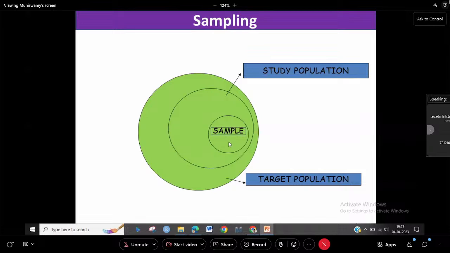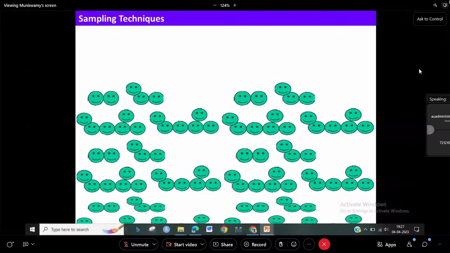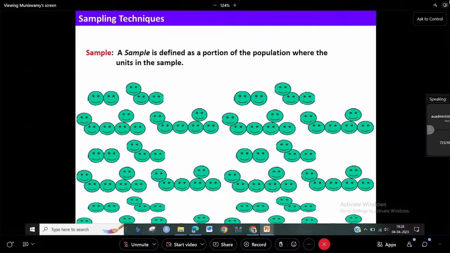How to draw a sample from the population? See, this entire thing is a population. But how to select a few observations, a few units? So, a sample is defined as a portion of the population.